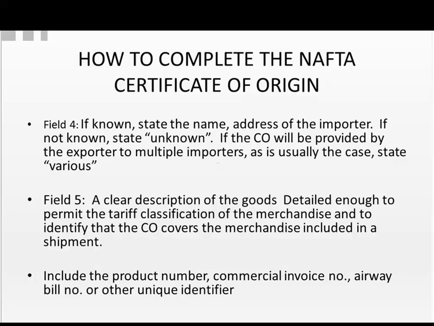Various product numbers are very helpful. Colors, size, any type of description, quantity, quality. These are all very important in field number 5 to give a clear description of the goods.